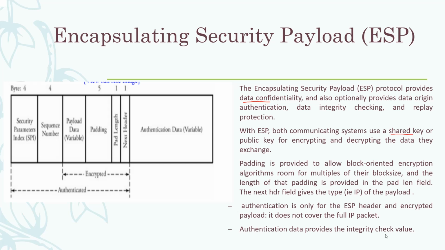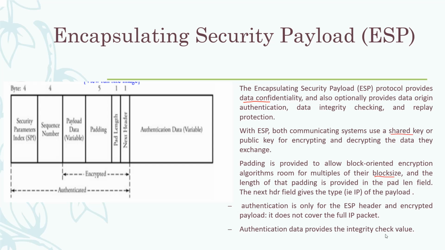Public key uses different keys for encryption and decryption. For the data they exchange, padding is provided to allow block-oriented encryption algorithms room for multiples of their block size, because the encryption algorithm requires the data to be of certain block size.